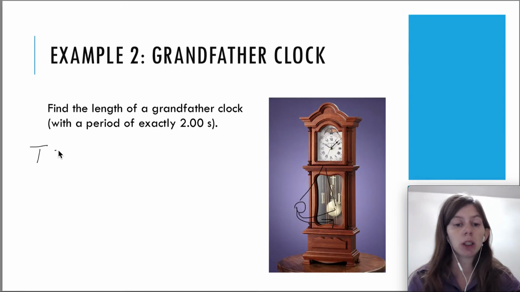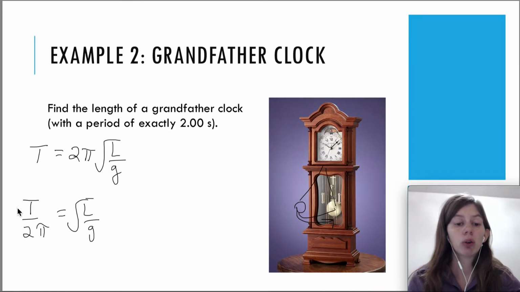So this is a plug and chug equation that does require a little bit of algebra. We have this equation for the period, and we want to get L by itself. So what we need to do is divide by 2 pi to get square root of L over g, and then we need to square both sides to get rid of the square root sign.